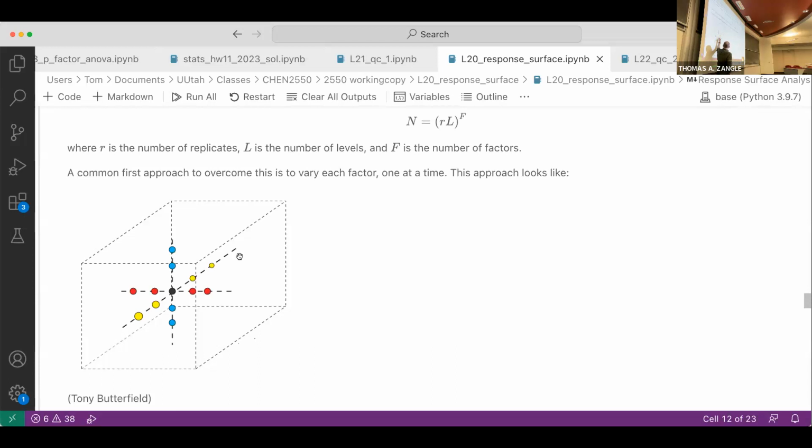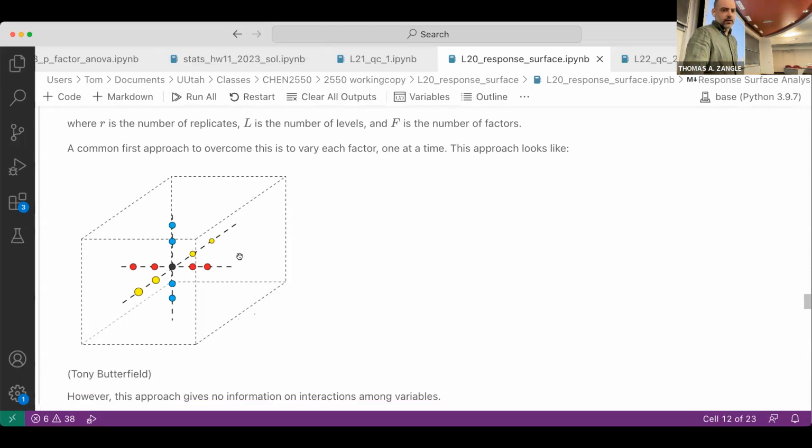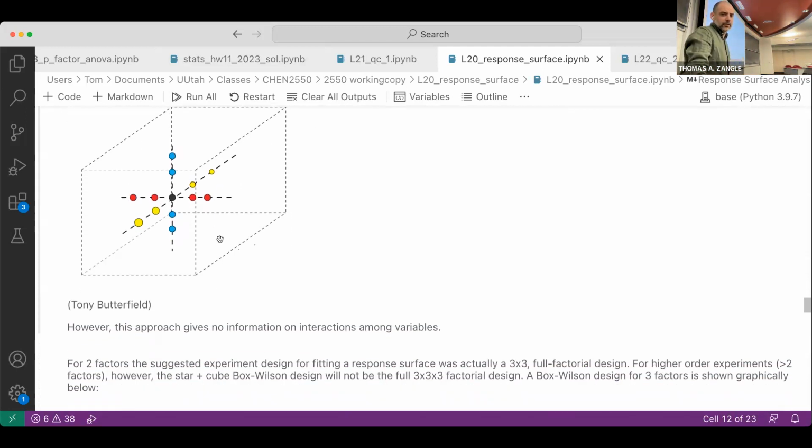But if you only vary one factor at a time, then you really get no sense of what those interactions might be. So with this kind of design, you can see graphically, you're leaving out all this space in the corners, which is completely not accessed by this type of experiment design. So we can't really meaningfully say anything about what's going on in those corner regions with this kind of design.